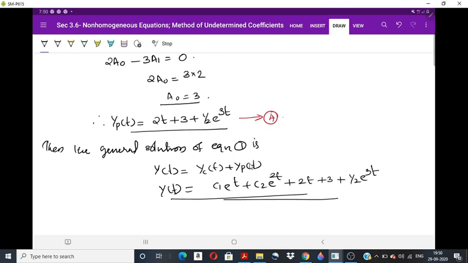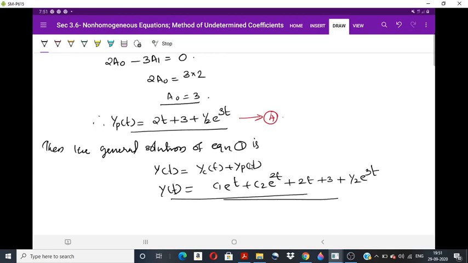So using this rule, if the right side function is a sum of two or more functions that we already discussed, that means in the form of exponential, polynomial, sine or cosine, or a combination of these functions, then we can take all the general forms together for the undetermined coefficients, and find the value of each constant.